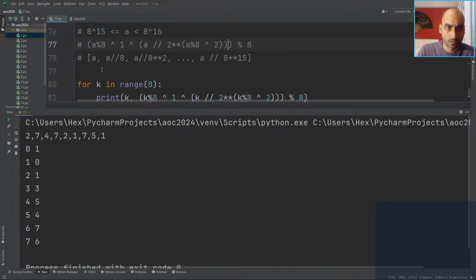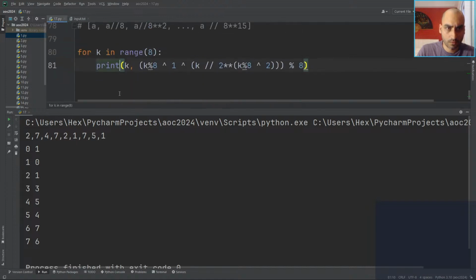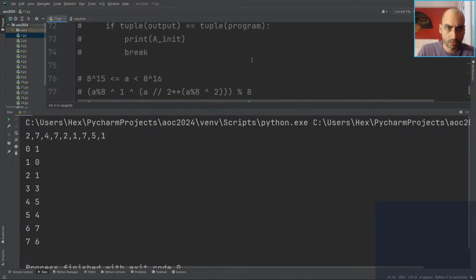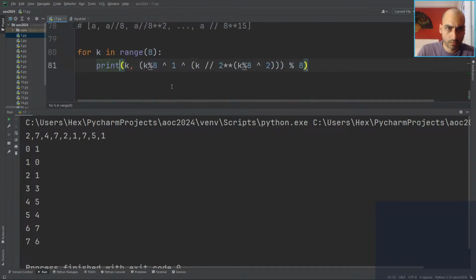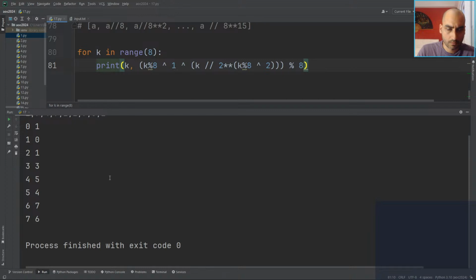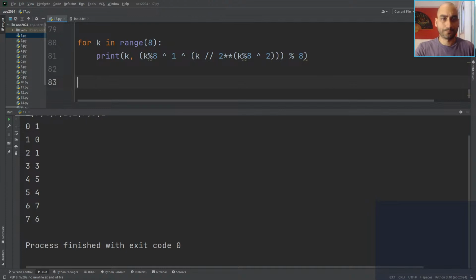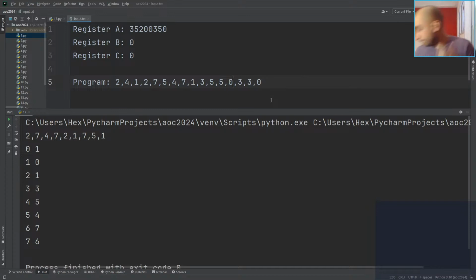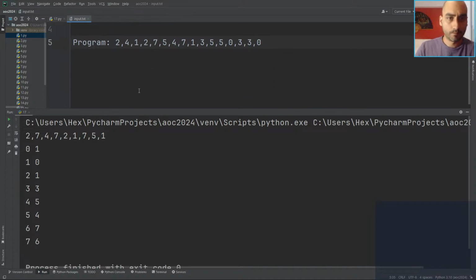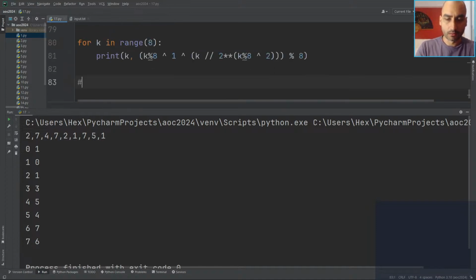So let's try, so let's say we've got a number 001 and then 000.